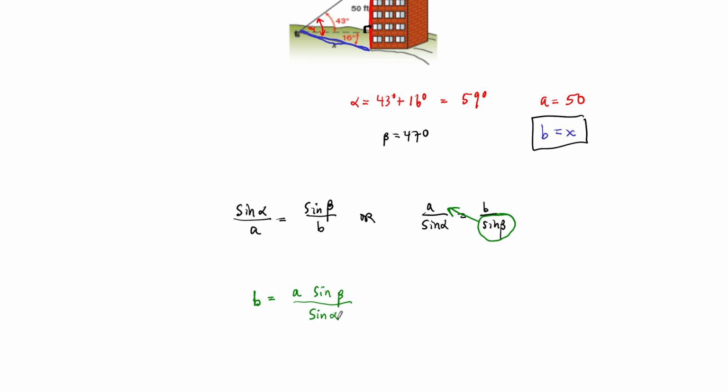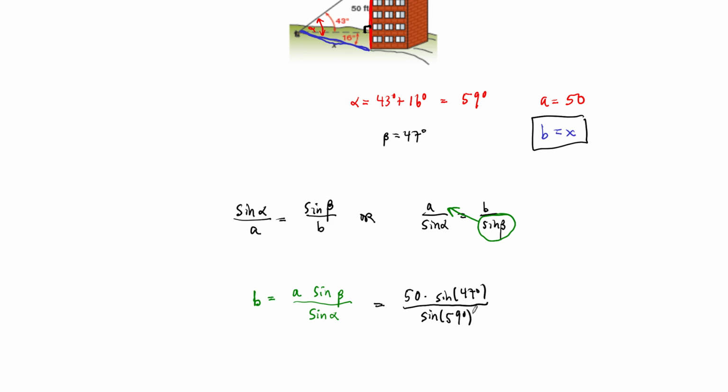And now we can plug in all the information that we know, because we know all 3 of these numbers on this side, right? So what we end up with is that our b is going to be equal to a, so that's 50, times the sine of beta. Beta was 47 degrees, so sine of 47 degrees, all divided by the sine of alpha. Alpha was 59 degrees, so sine of 59 degrees.